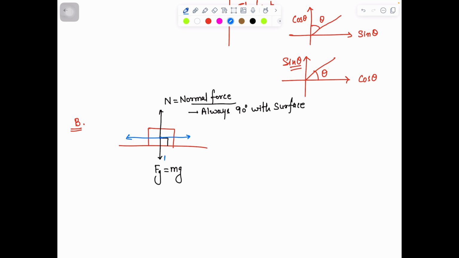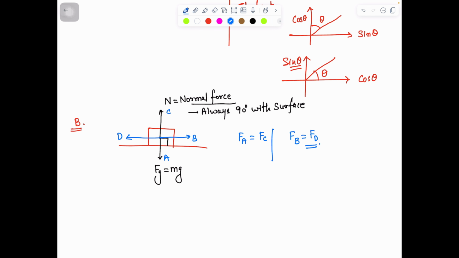So can I say A, B, C and D forces? Force A should balance force C, up and down. Similarly, force B should balance force D, left and right. Is it fine? Then only I can say the body is balanced.